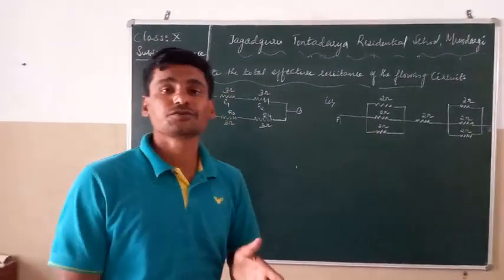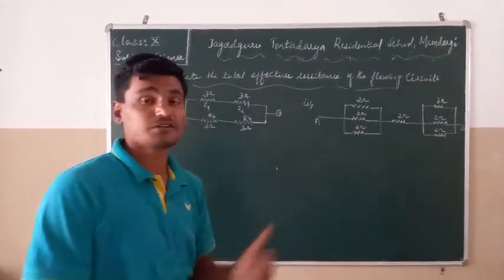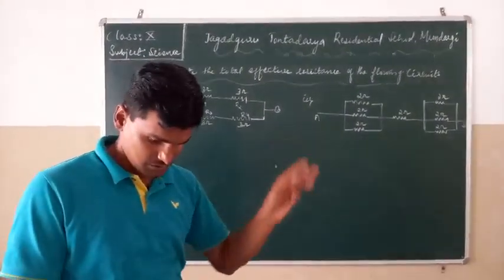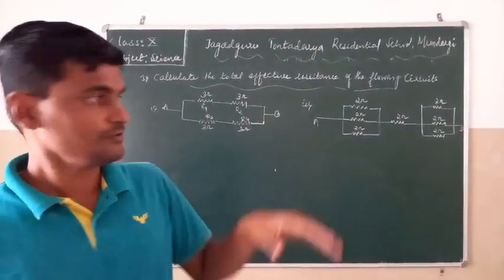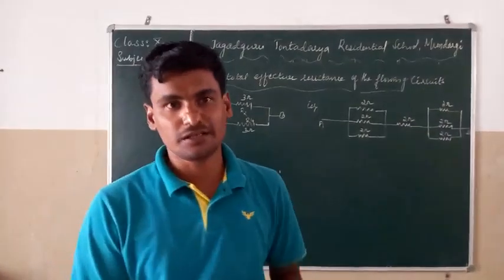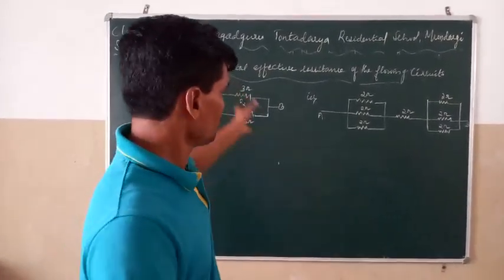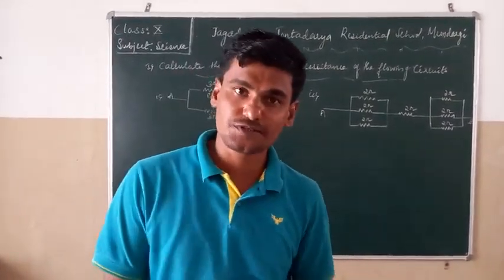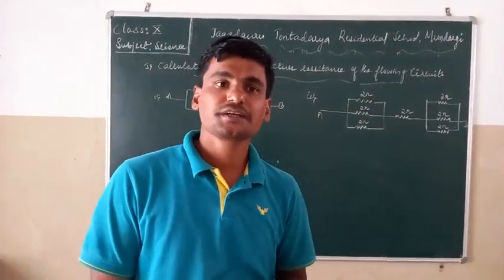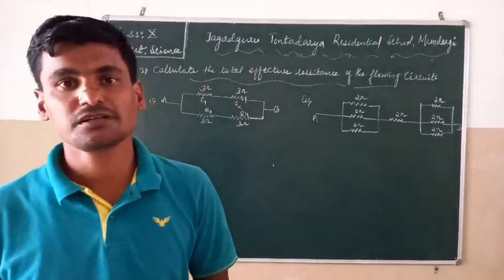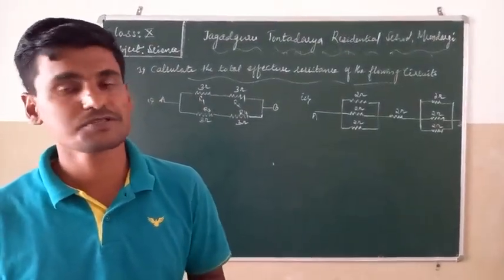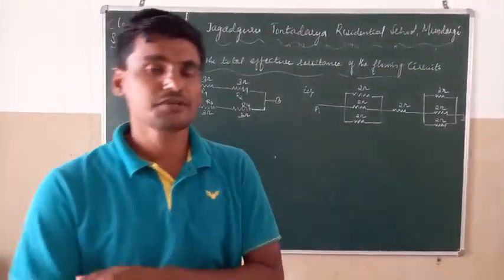They will give a circuit and ask you to calculate the total effective resistance, or they will give a statement, and based on that statement you need to draw the circuit and calculate. Today we will solve how to calculate the total effective resistance, whether connected in series or in parallel. Then in the next class we will go for solving example sums on Ohm's law.